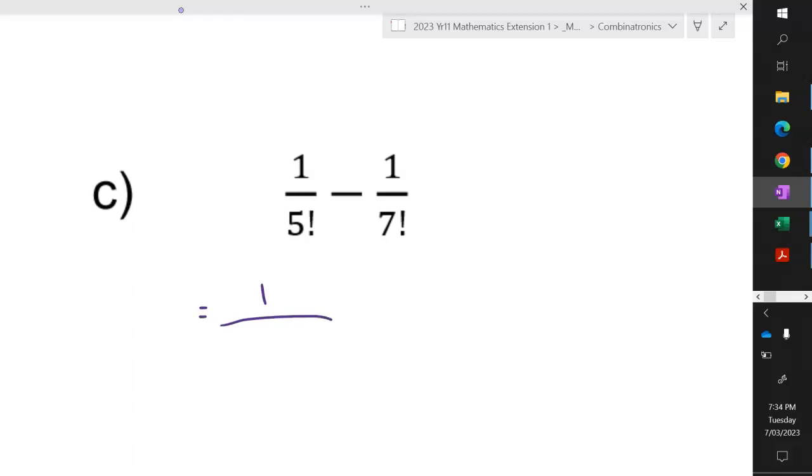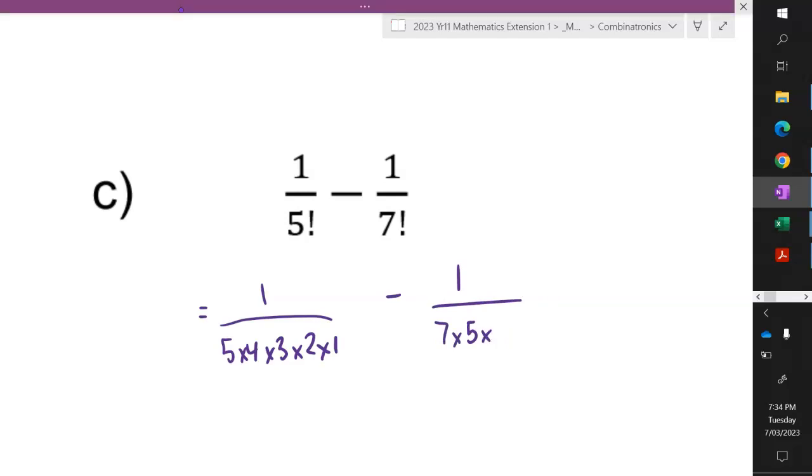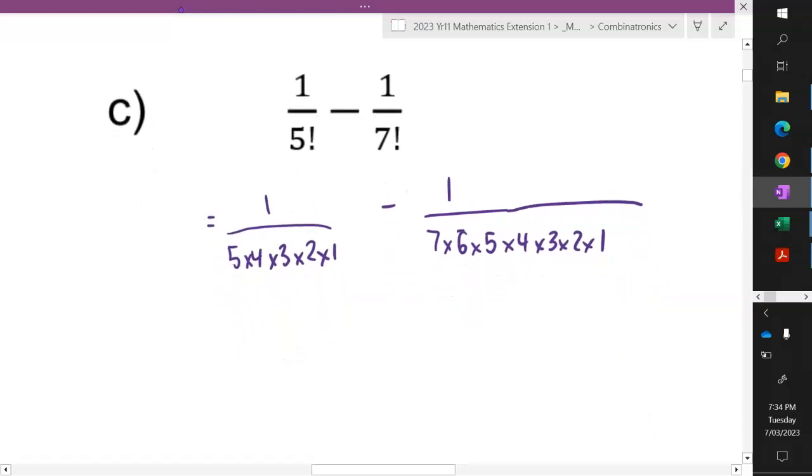So we've got 1 over 5 times 4 times 3 times 2 times 1 minus 1 over 7 times 6 times 5 times 4, sorry, times 3 times 2 times 1. And normally we'll get the hang of being able to do this a little bit quicker without having to write things like this down. But for now, we're okay, I think, at writing it down.